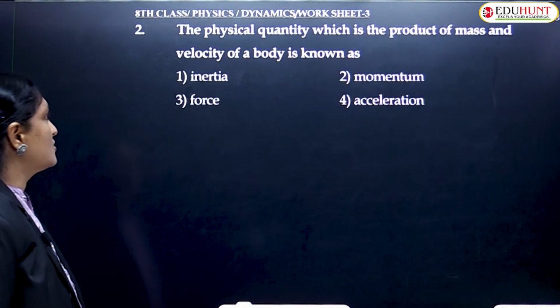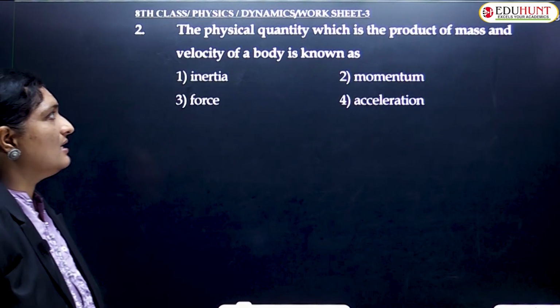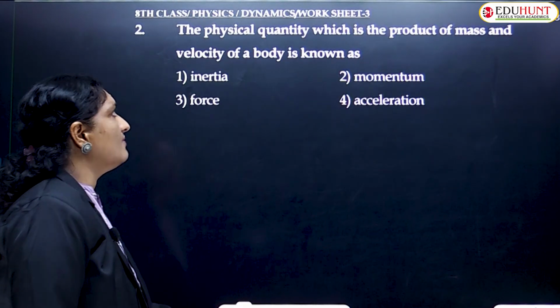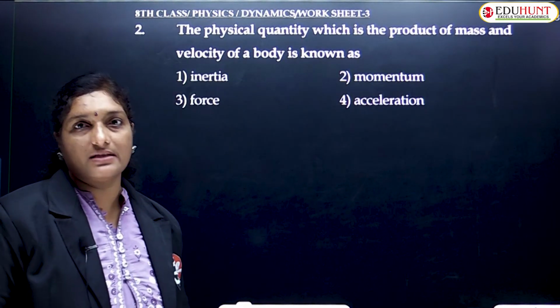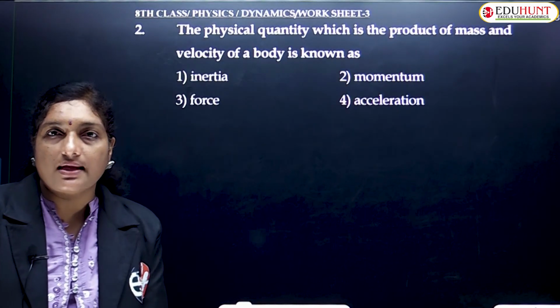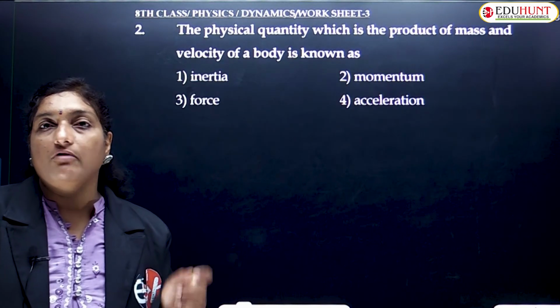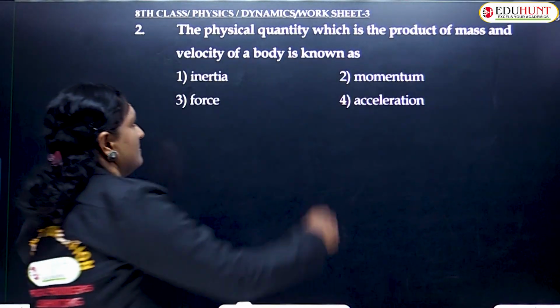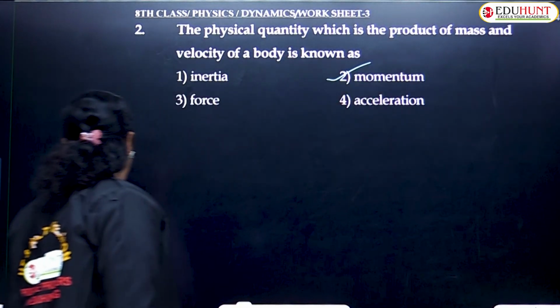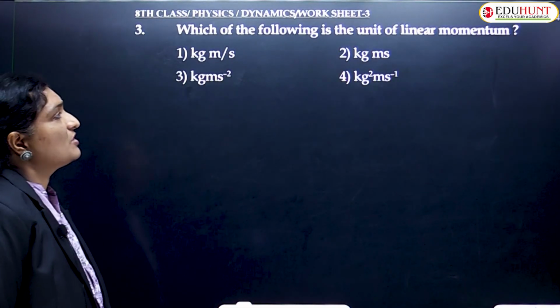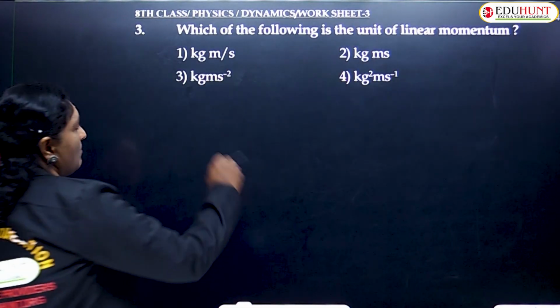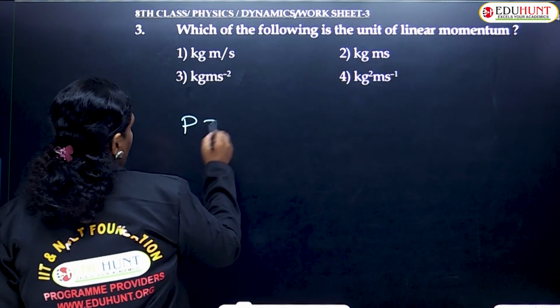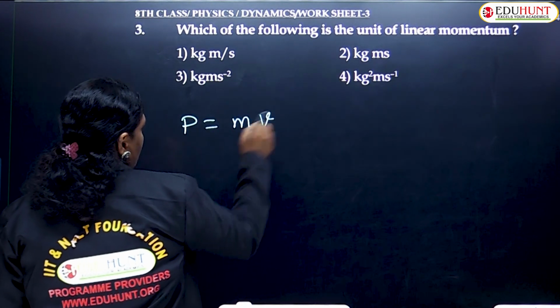Moving to the second question. The physical quantity which is the product of mass and velocity of a body is known as? What is the product of mass and velocity? Just now we discussed, mv is nothing but momentum. So that is the second answer. Next, which of the following is the unit of linear momentum? Linear momentum P equals mass into velocity.